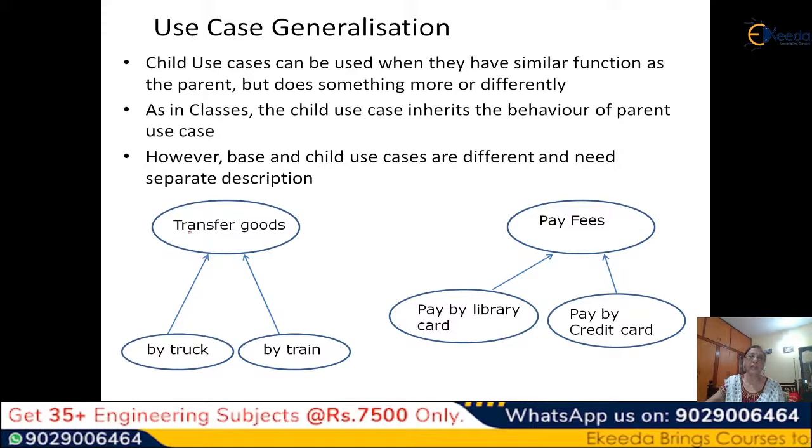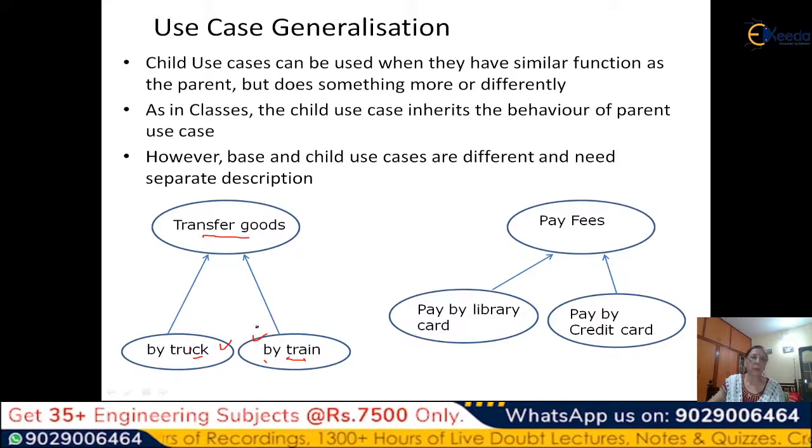Child use cases can be used when they have similar function but something different. For example, when you are doing the transfer of goods, you can do it by truck or by train. These two properties are different, but whether you do this or this, basically you are transferring goods. So this will have all the properties of transfer of goods.